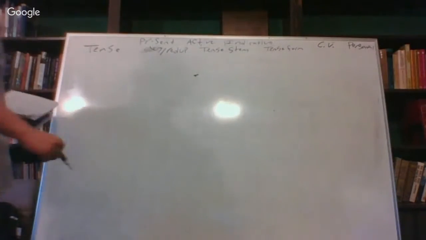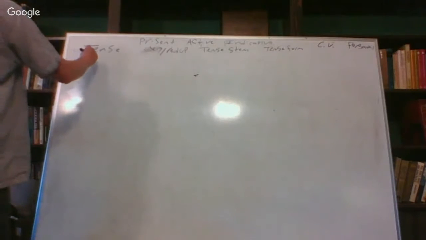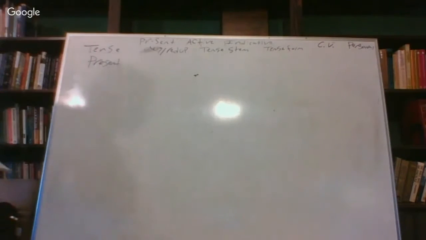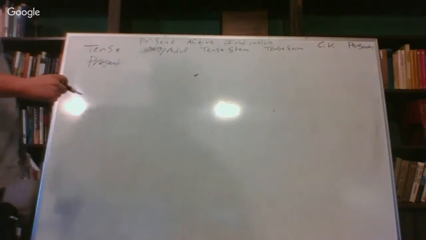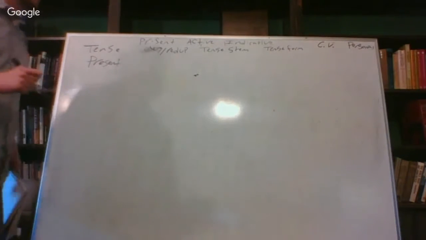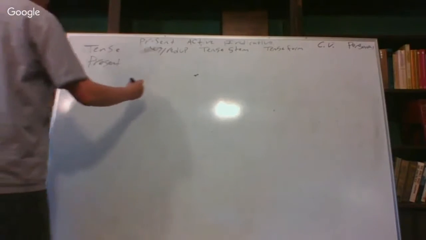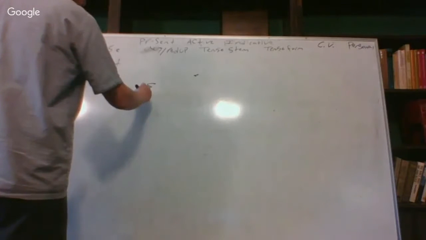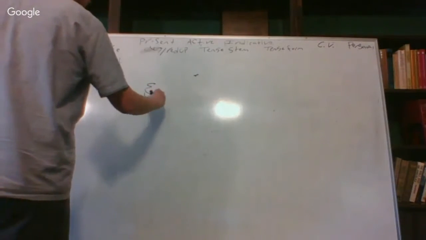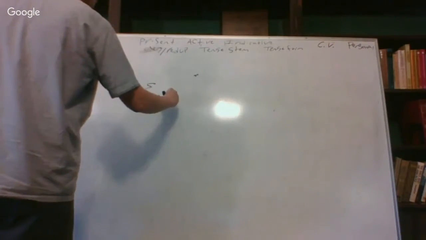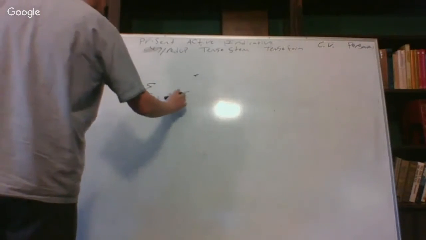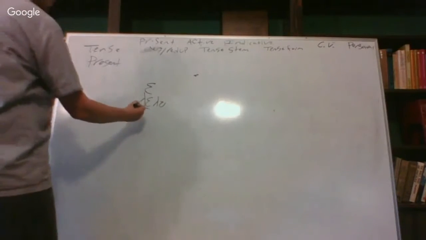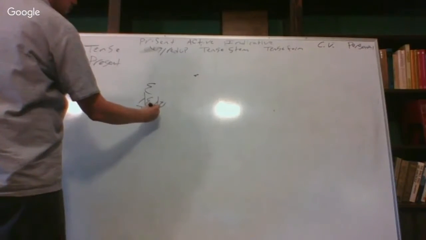So the tense for the present active indicative is going to be present. Present is the tense of this form here. Augment reduplication: you're going to find an epsilon or, in the case of luo, a le, lu. So the reduplication here is a reduplication of the first letter with an epsilon.